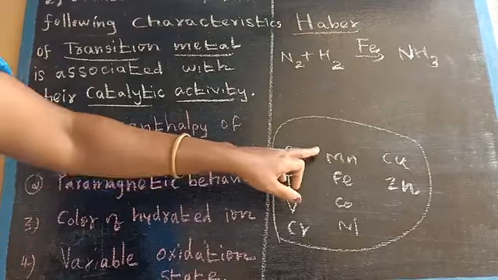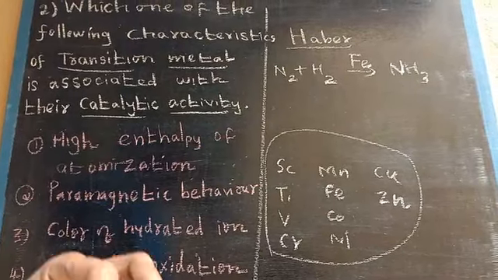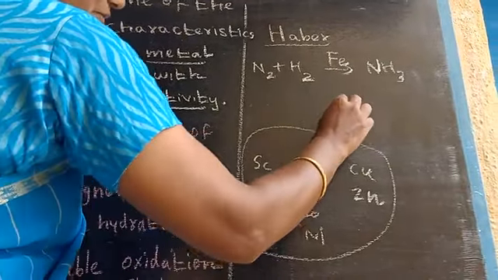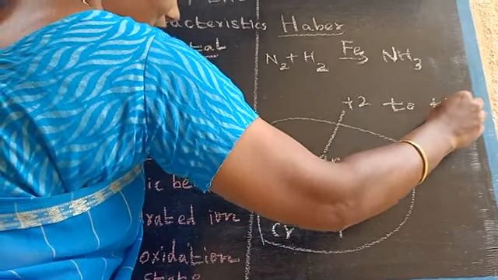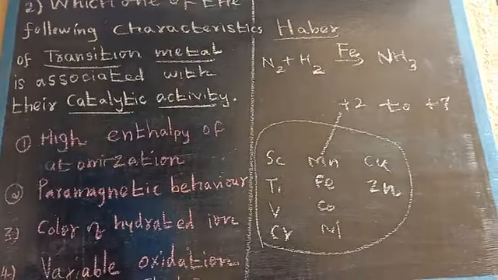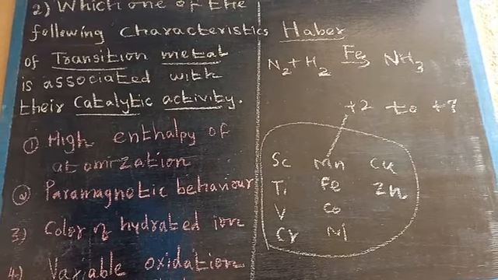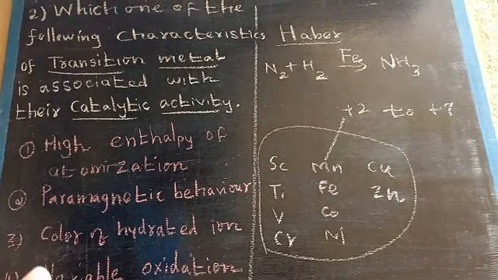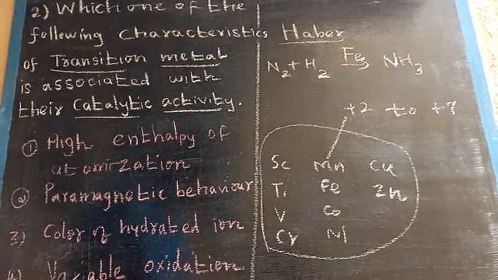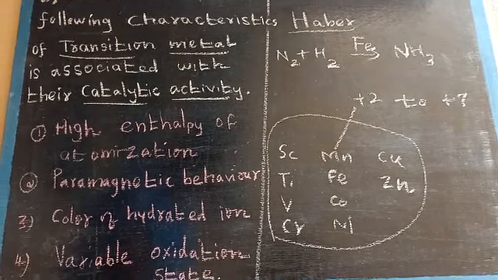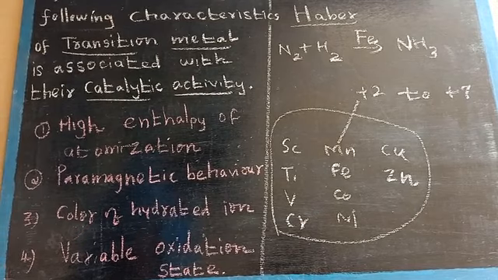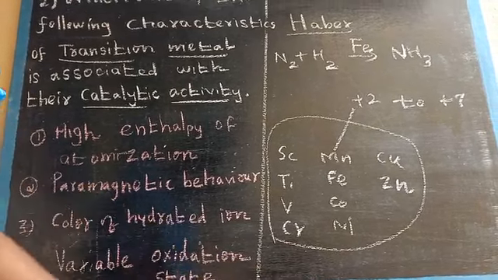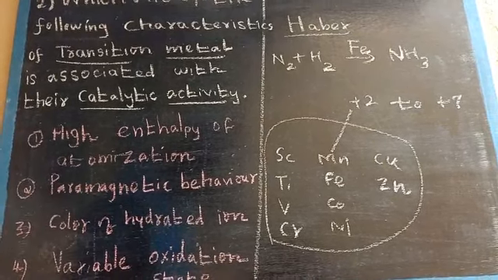For example, manganese has oxidation states plus 2 to plus 7. But alkali metals have only one oxidation state, and alkaline earth metals have one oxidation state, while transition metals exist in a variety of oxidation states.